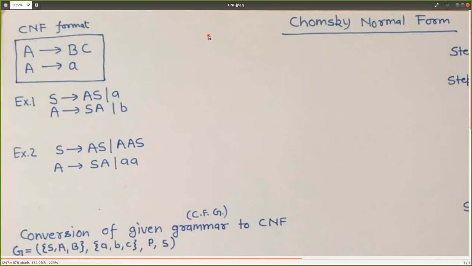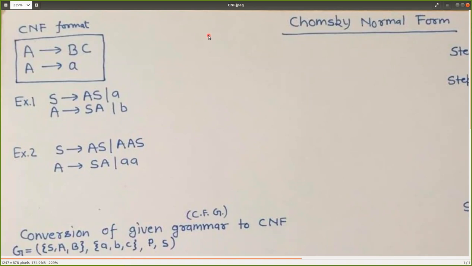That decision could be taken in polynomial time, or it would take less time in comparison to if the grammar is not in a standard format. So for any grammar, it is desirable to be in a standard format. It would be very easy for any machine or algorithm to use that grammar.